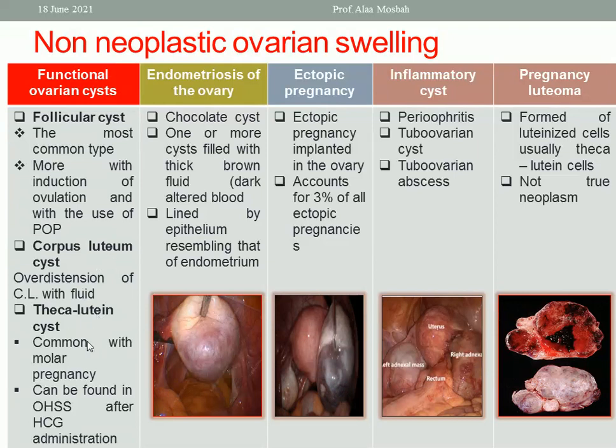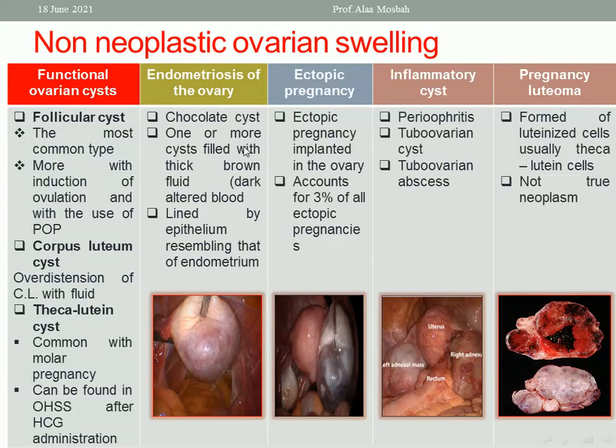Theca lutein cyst is commonly seen with molar pregnancy and also in patients taking induction of ovulation, complicated by ovarian hyperstimulation, and who also received HCG. We will see theca lutein cysts in molar pregnancy and in ovarian hyperstimulation syndrome after HCG injection. Okay? Mostly the functional cysts resolve spontaneously, as we will see.